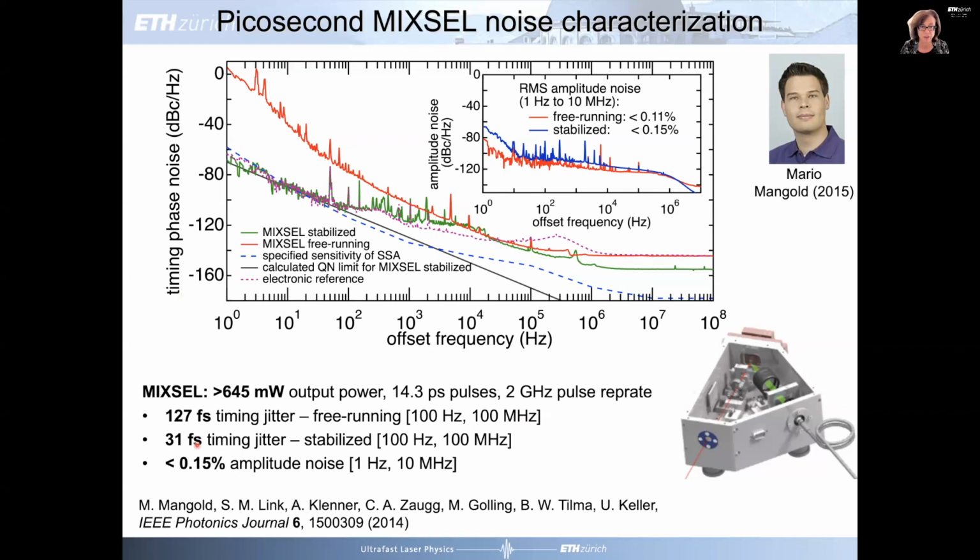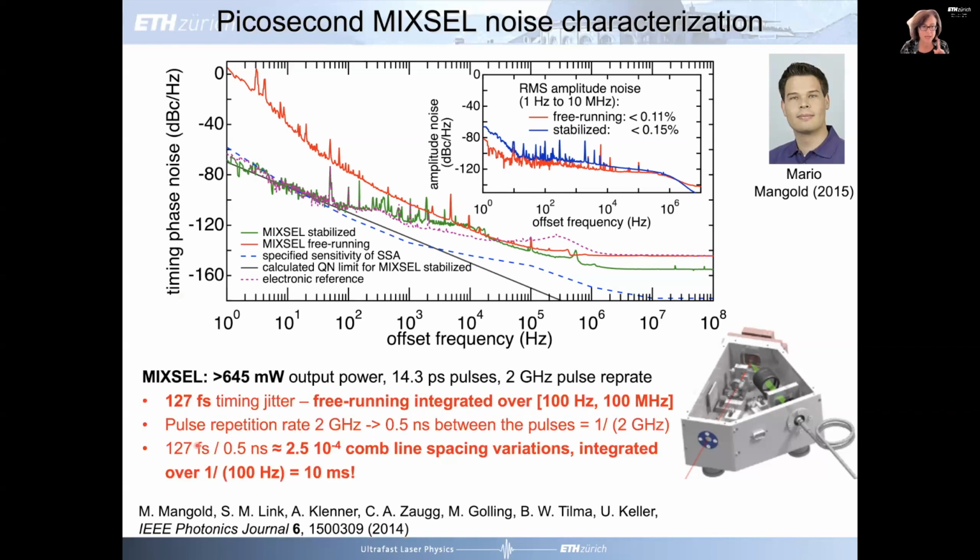So what does this really mean? This is basically comparable to solid state lasers. When you use it for dual comb application, 127 femtosecond timing jitter over 100 hertz to 100 megahertz, the 100 hertz gives you the measurement time. If you have a pulse repetition rate of 2 gigahertz, the comb lines are spaced by 2 megahertz.